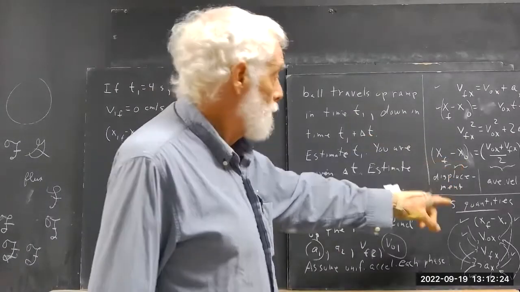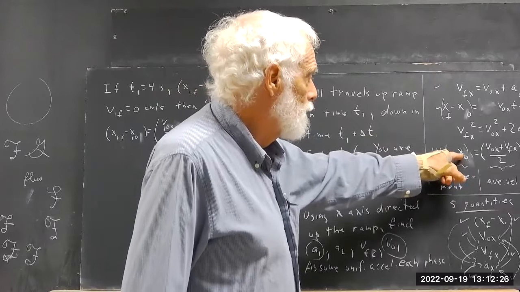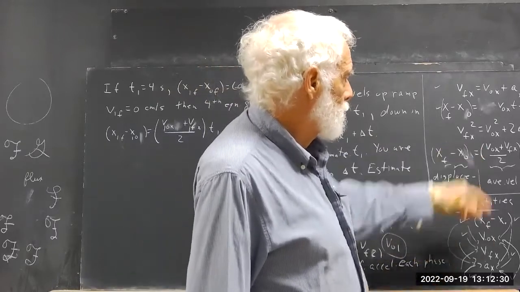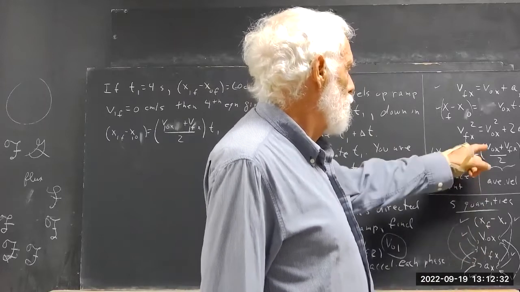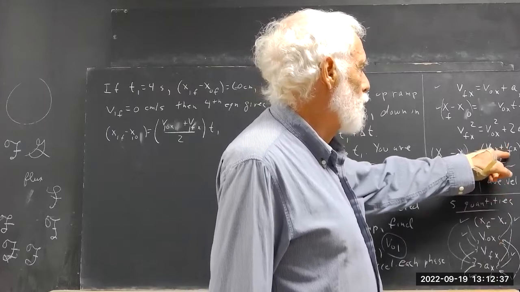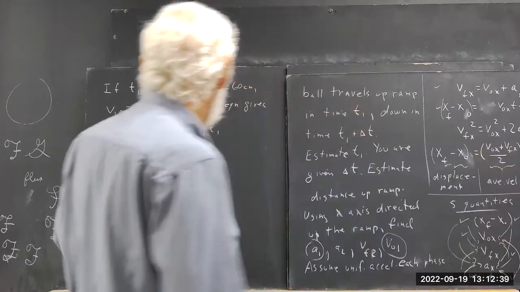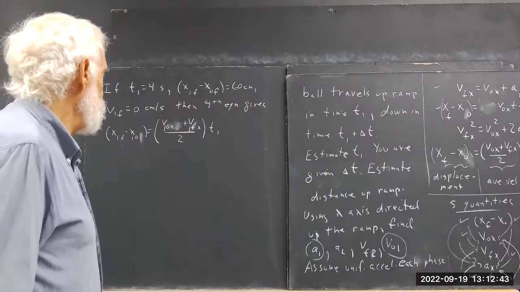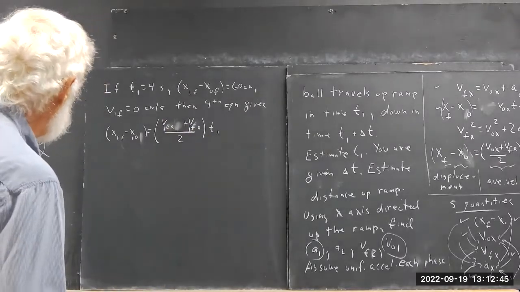We're going to make that x1 f and x1 0. And then over here, it's going to be v1 0x and v1 fx. Okay, so it's v1 0x, v1 fx, and t1. Well, those are the symbols.